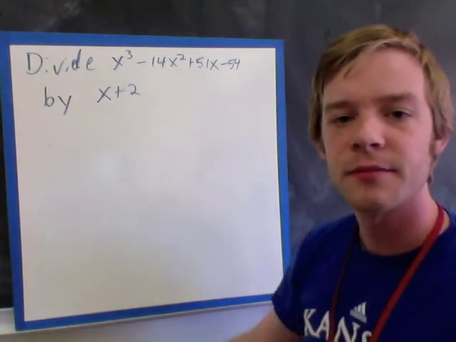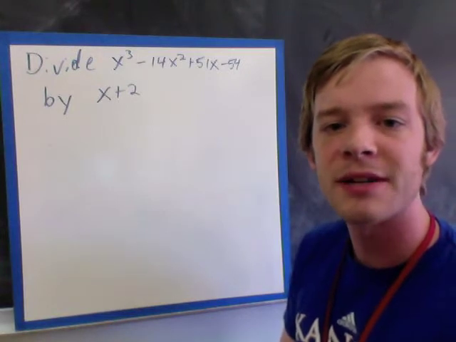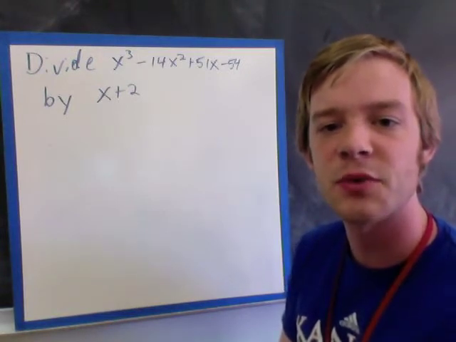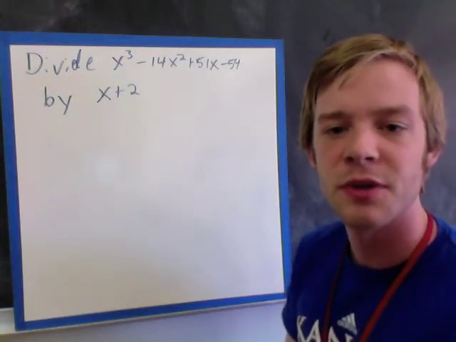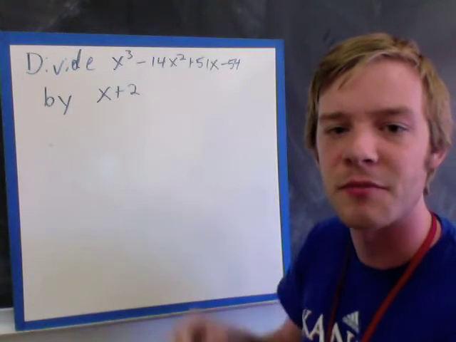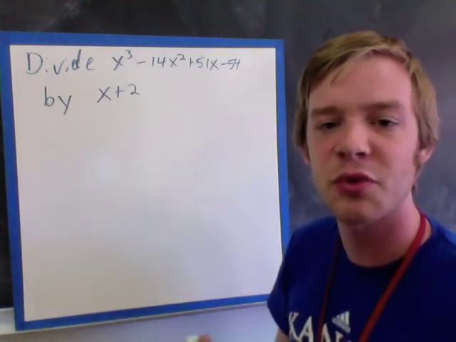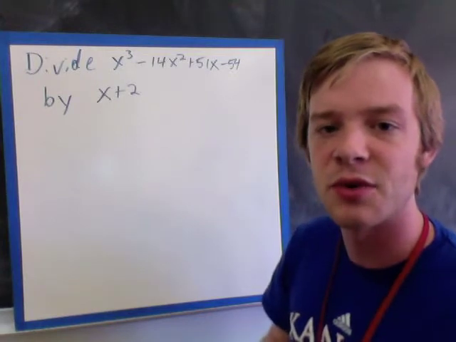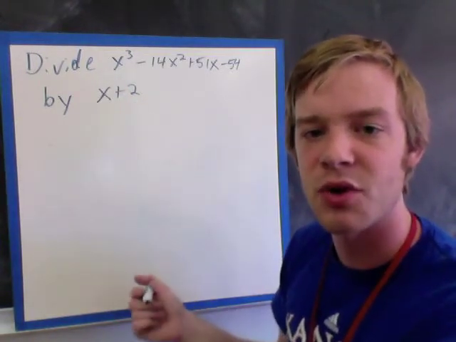So right here, I've got x to the third minus 14x squared plus 51x minus 54, and we want to divide this by x plus 2. So I'm going to start by taking my first polynomial and just writing down the coefficients. Anytime there's not a number in front of an x, that has a coefficient of 1.